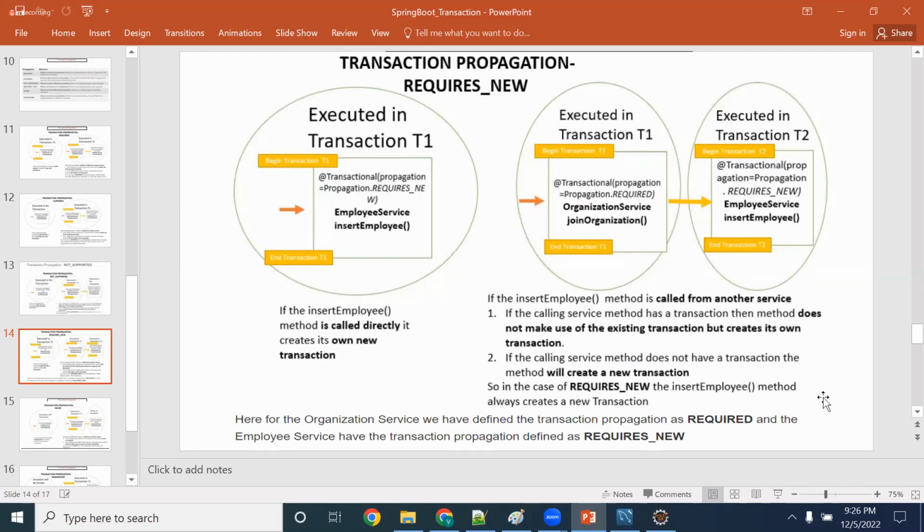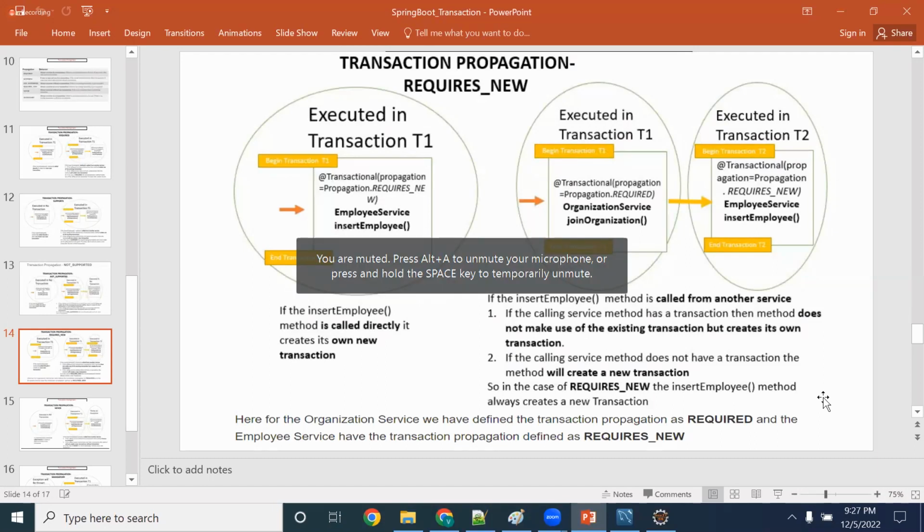So my question is, it always calls the transaction, and that holds the control of whether it creates the transaction if it is not existing, or if it is existing, it will reuse the transaction and just ignore the transaction at its child level. Correct. Exactly.